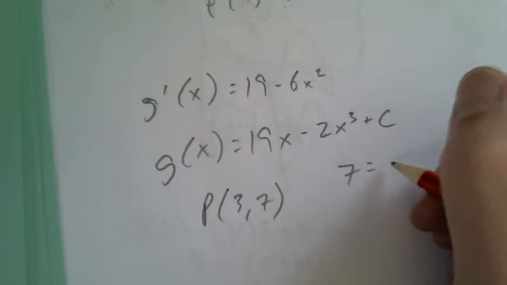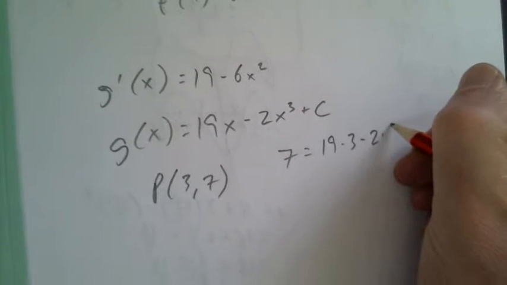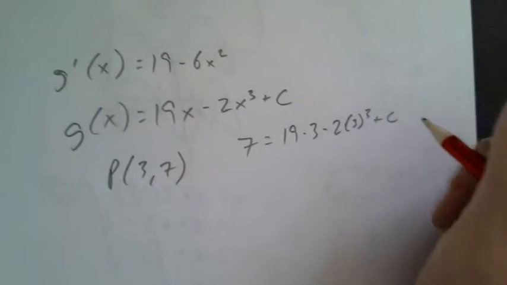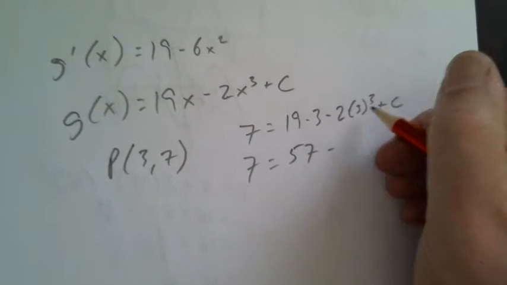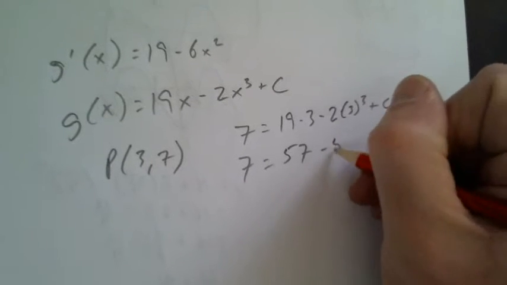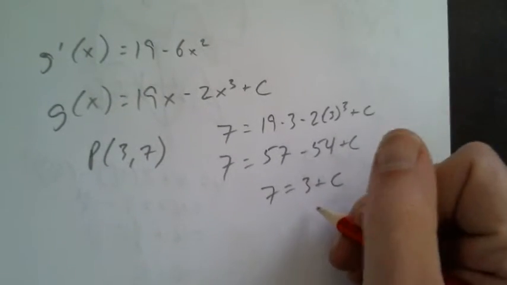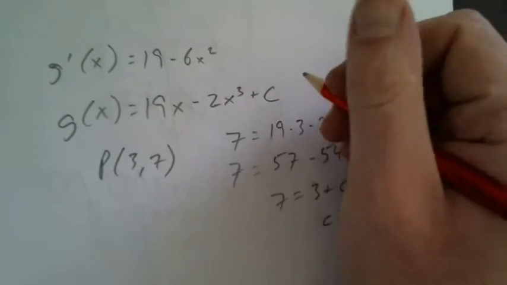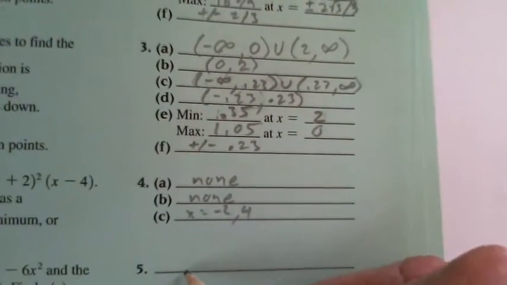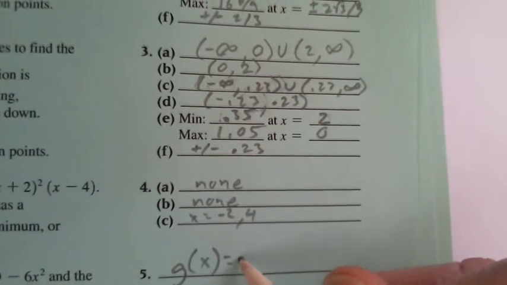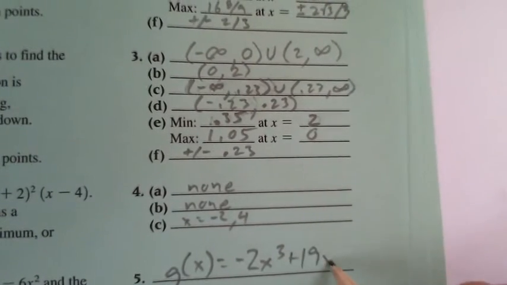That 7 equals 19 times 3 minus 2 times 3 cubed plus c. 7 equals 19 times 3 is 57 minus 2 times 27, 54, plus c. 7 equals 3 plus c. So c equals 4. So that would be g of x equals -2x cubed plus 19x plus 4.